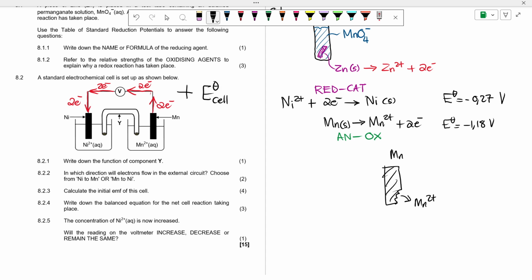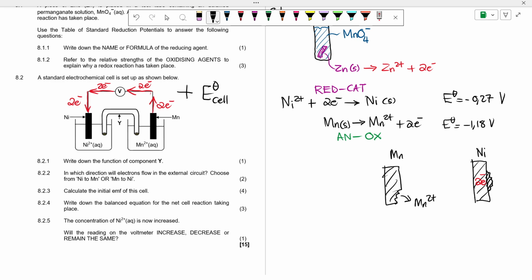And if we say something is being reduced, contrary to what you might think reduction means, it means it's gaining mass. In other words, if it's picking up the electrons, here are the two electrons that are coming in, then the nickel that was in solution will come and attach there, making the nickel bigger. So nickel, by gaining electrons, is also gaining mass.